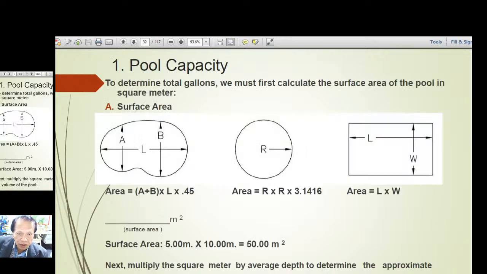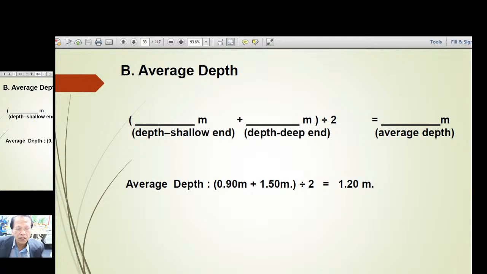Next, multiply the square meters by the average depth to determine the approximate volume of the pool. Okay, so here is the formula: depth at the shallow end plus the depth at the deep end, divided by 2, is equal to the average depth. So for example, 0.9 plus 1.5 divided by 2 is 1.2 meters.